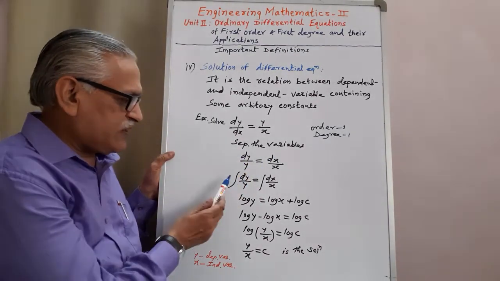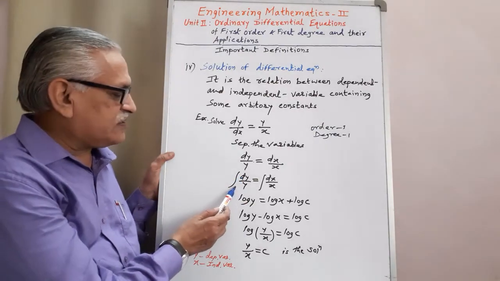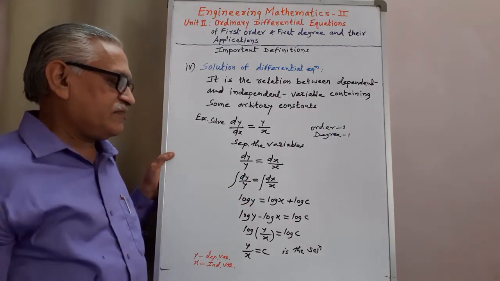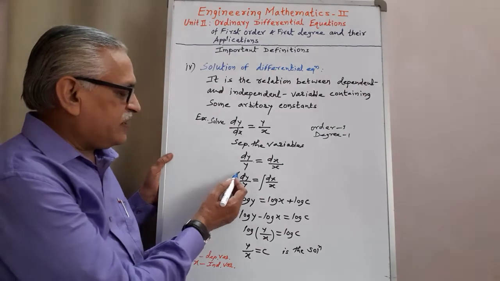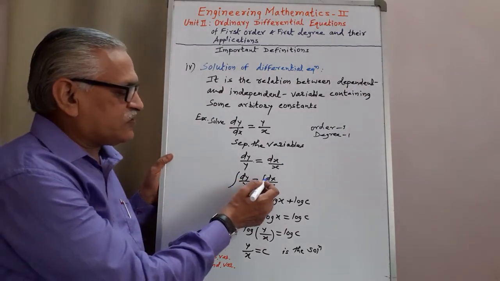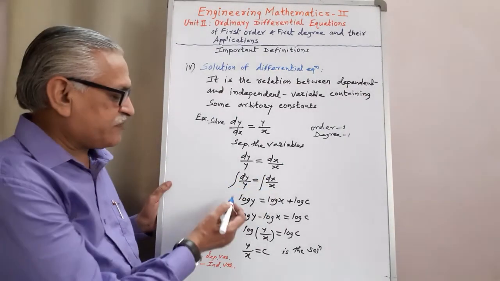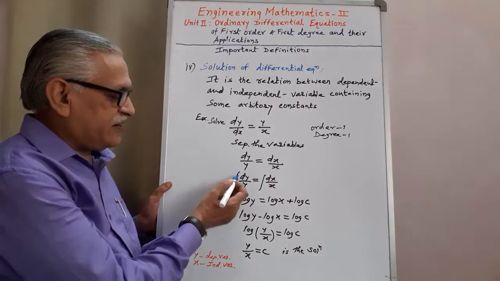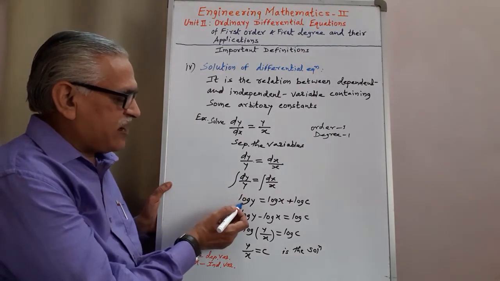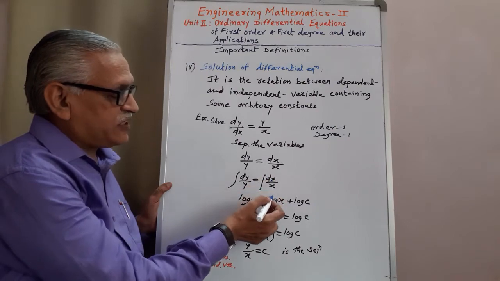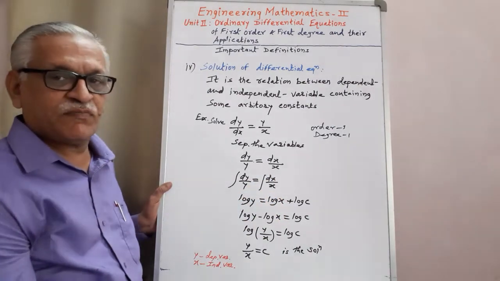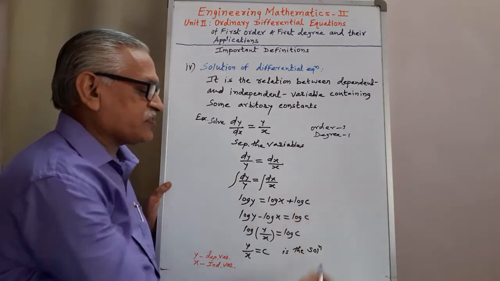After separation of variables, we try to integrate both sides. Therefore integration of dy by y is equal to integration of dx by x, and its integration is log y. Integration of dx by x is log x plus arbitrary constant log c.